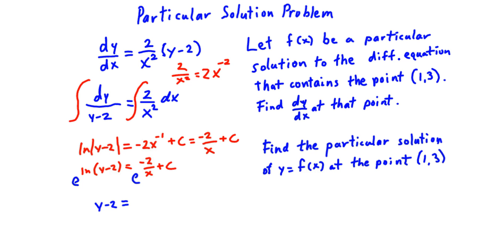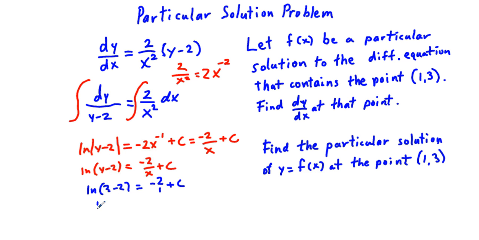Let me do one thing first. One crucial thing before I go there. We're going to plug in this point (1, 3) to find what c is. So we have ln of 3 minus 2 equals negative 2 over 1 plus c.